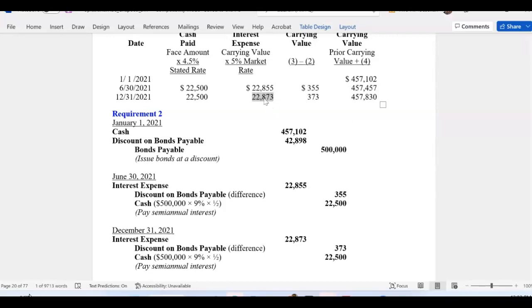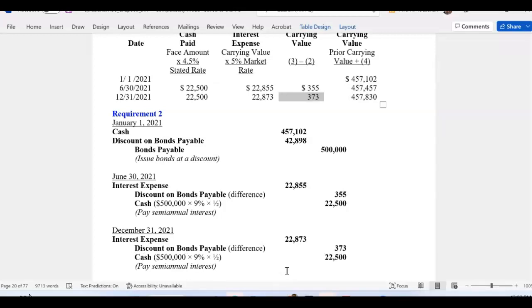Since this is your interest expense, but you are paying only 22,500, the difference is a plug-in, which is the difference of those two numbers, which is 373, and that comes from here, as you see, and you are amortizing the discounts on bonds payable.